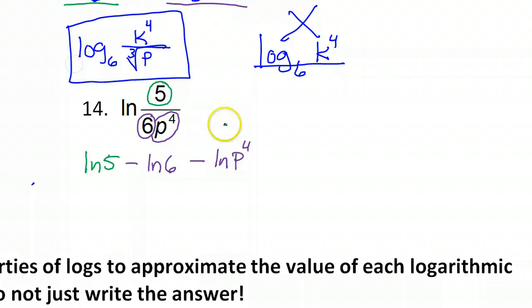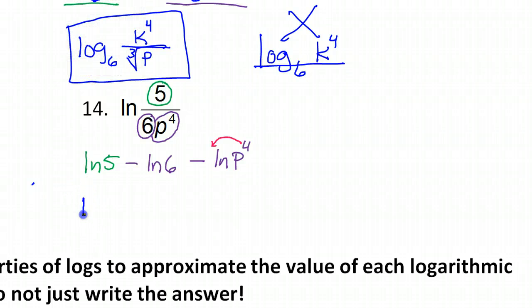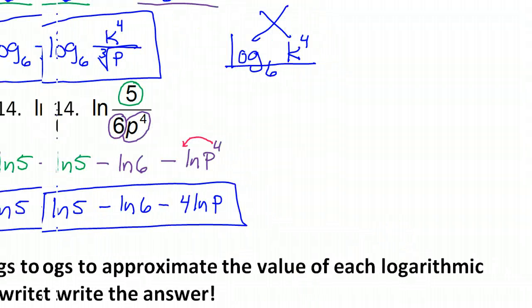And then if you have any exponents, like this 4, just put that as a coefficient, and you're done. So that's why the final answer will be natural log 5 minus natural log 6 minus 4 natural log p. Alright, so that's number 14.